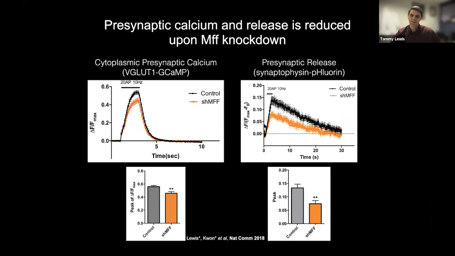And then when we visualize neurotransmitter release using synaptophysin-pHluorin, which is a pH-sensitive probe, normally the vesicles are acidic, but when they fuse with the membrane, the environment becomes more basic and allows that fluorescence to become greater. So we can visualize the actual exocytosis events, and we get about a 50% reduction in the number of synaptic vesicles that fuse with the membrane under these conditions.